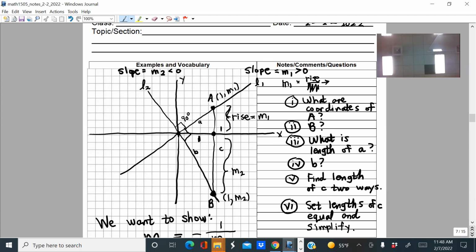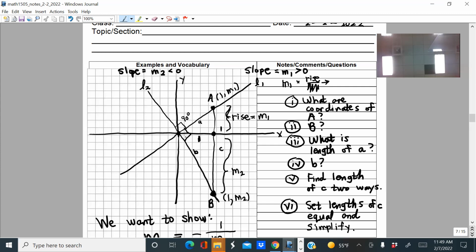Can you calculate for me what is the length A here? So A, that I called A, what is A equal to? That's the distance from the origin to this point, which you know is 1 comma M1. So calculate that length for me. And I also want you to do the same thing for B. It's going to come out almost exactly the same.